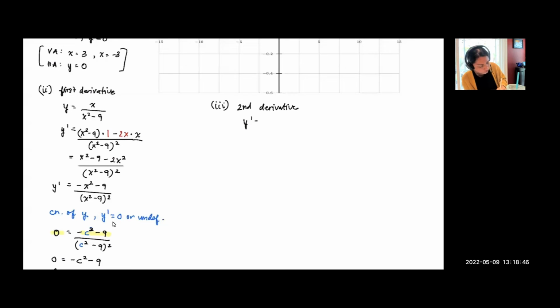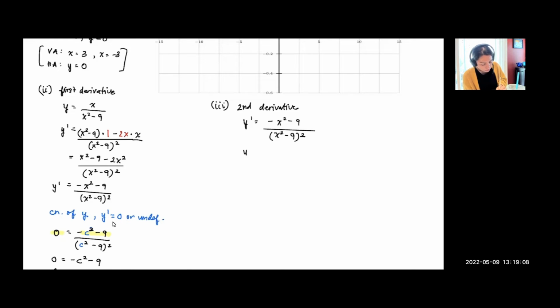We know that the first derivative is -x² minus 9 all over x² minus 9 squared. Now, it depends how you want to do this. This is the part that actually will take the longest. Other than that, testing and stuff is always quick. So let's go ahead and try that.